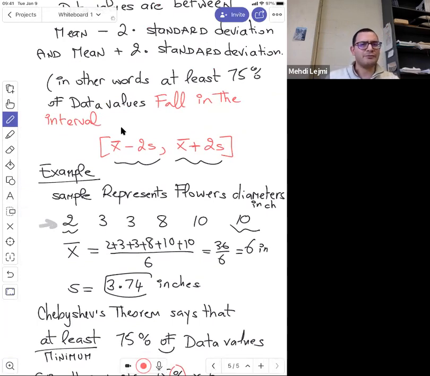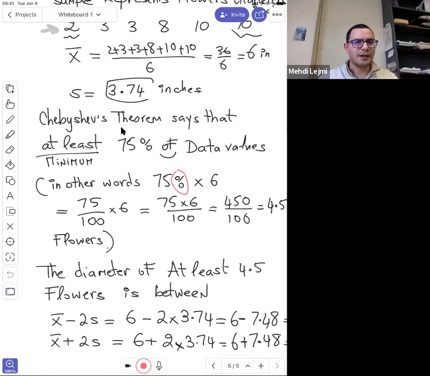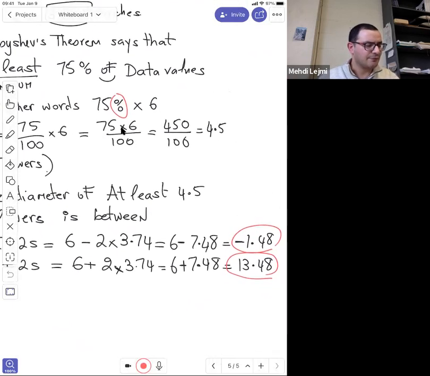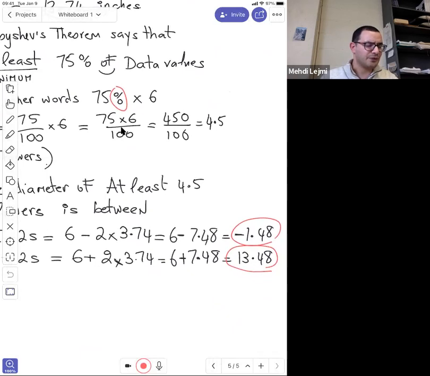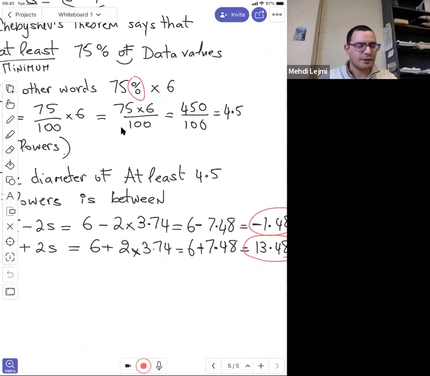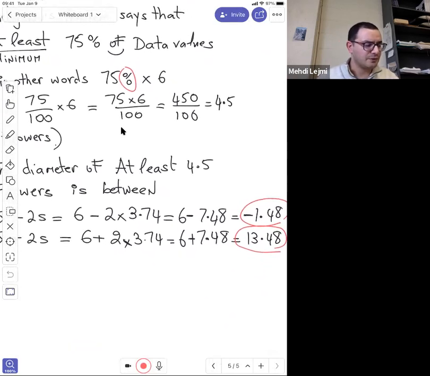So here we have more than 4.5 flowers, actually all the flowers. That's why we use the words at least, because that's the minimum. The minimum is 4.5 flowers with diameter between negative 1.48 and 13.48. But actually the truth is all the flowers have the diameter between negative 1.48 and 13.48.